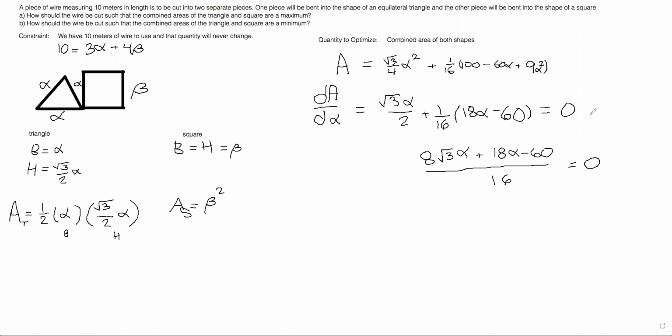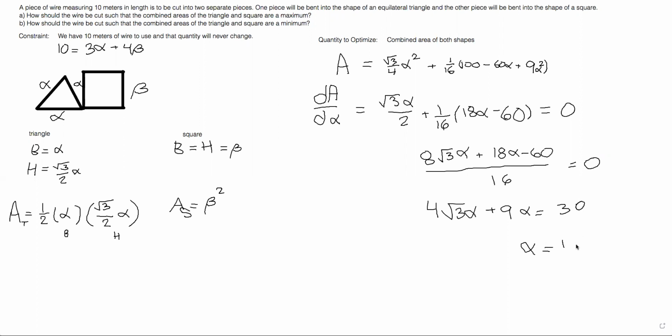Then I'm going to skip some of the steps for the purpose of time. I got 4 times square root of 3 alpha plus 9 times alpha equals 30. And this is what I got for my final value of alpha.